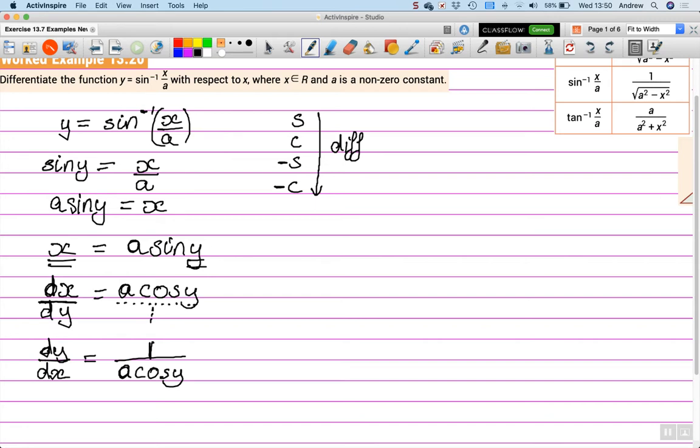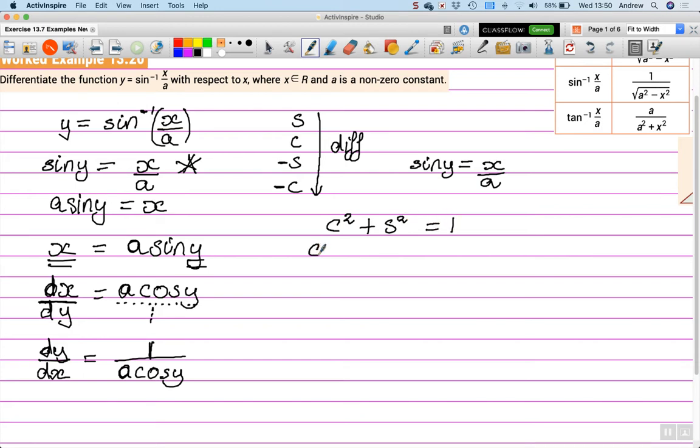So in order to do that, I am going to go back to where I had sine y was equal to x over a. Now there's two ways I can do this. The first way is I can remember from the formula book that cos squared plus sine squared is equal to 1.